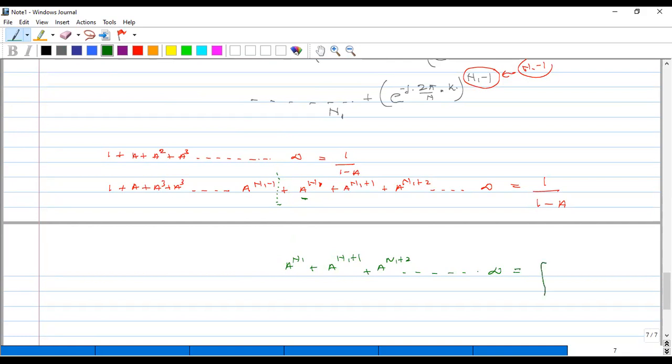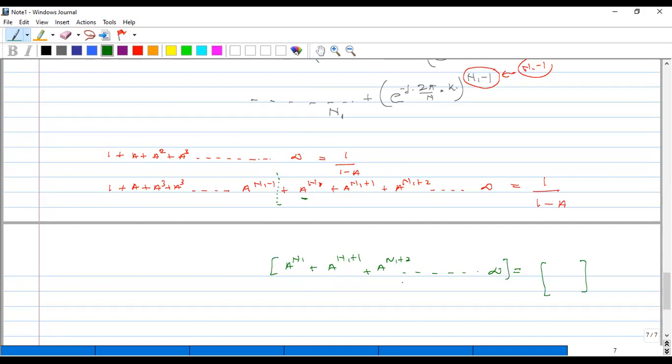But we don't know the value here. So what do we have to do? If this is a0, this is a1, this is a2, so on up to infinity, we have a Taylor series solution here. So we have to try to make this series in that form.